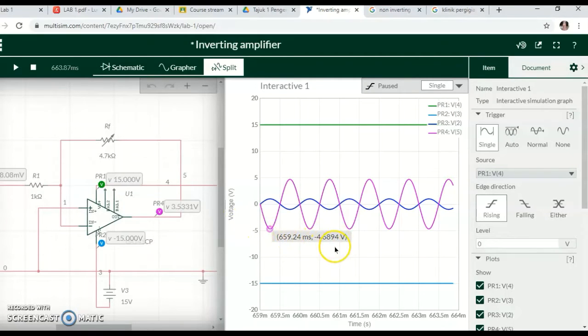For the voltage gain, we use the formula V out divided by V in. 4.6894 volt divided by V in 1 volt, we get a gain of negative 4.6894.